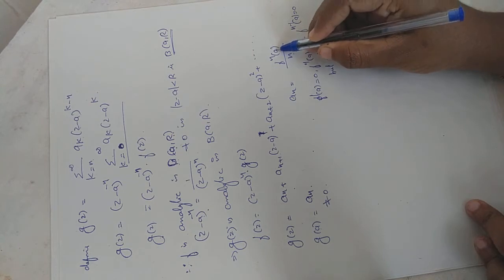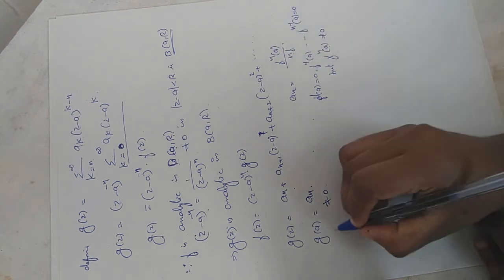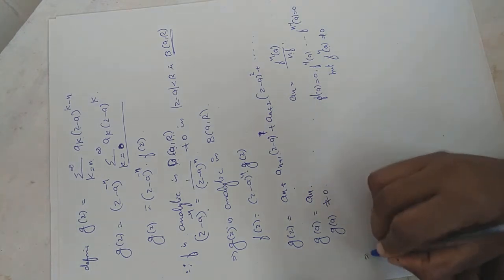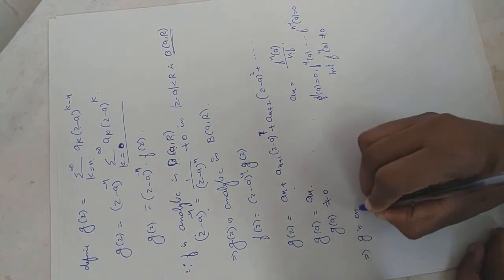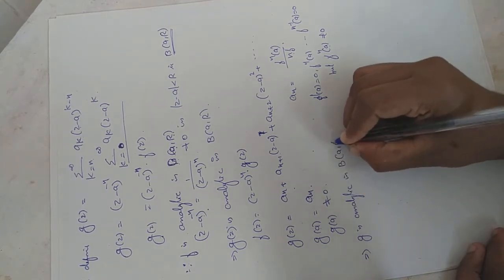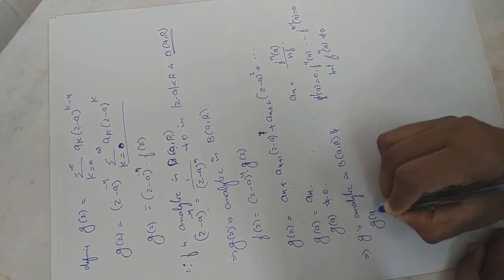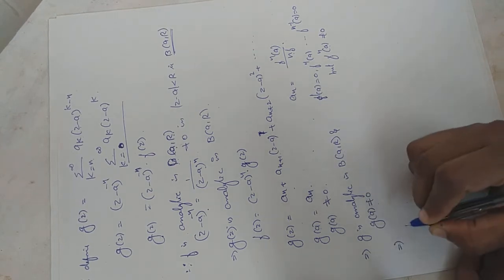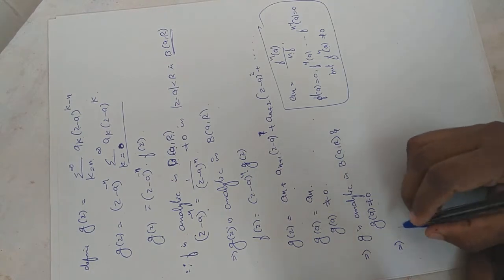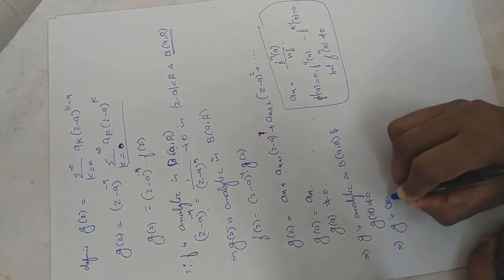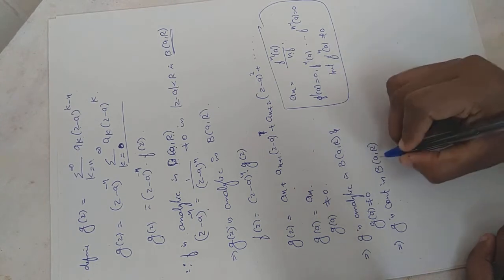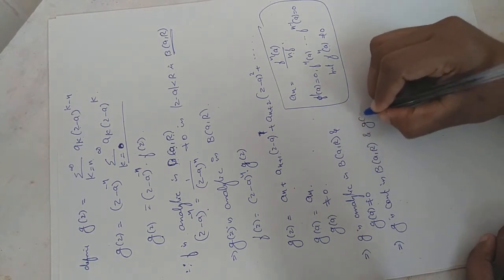Since it is non-zero, g(a) is non-zero. Which implies g is analytic in B(a, r), and g(a) is non-zero. Analyticity always implies continuity. Therefore, g is continuous in B(a, r), the open ball centered at a with radius r, and g(a) is not equal to 0.